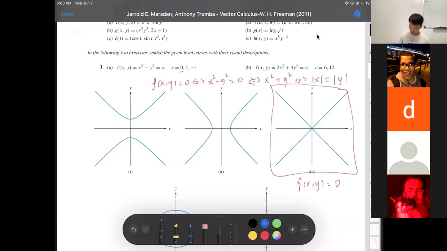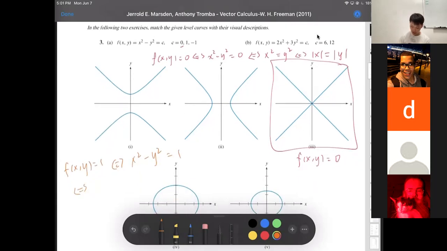Now let's look at the graph of this color, f(x, y) equals 1. This is the same as saying x squared minus y squared equals 1, which is the same as saying that y squared equals x squared minus 1.